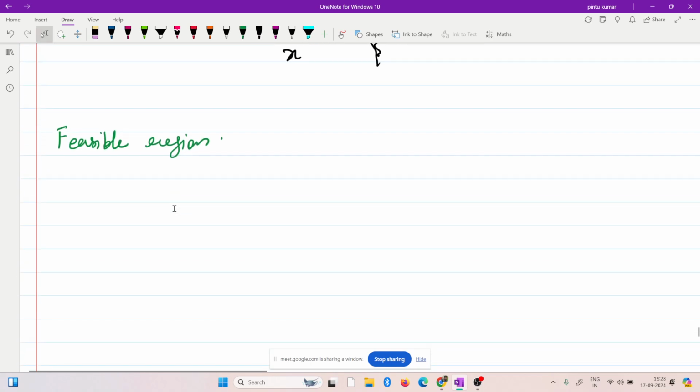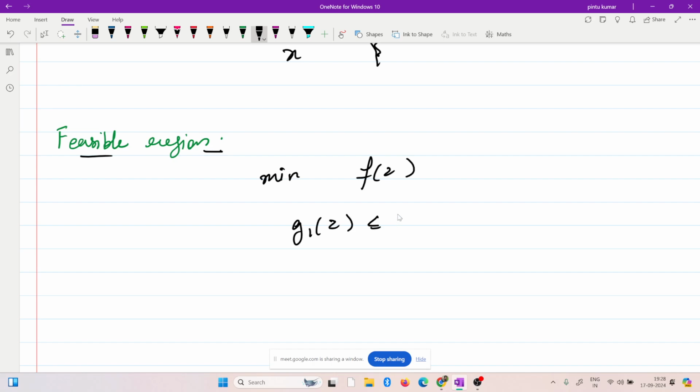Next thing that we look at is something called the feasible region. Till now, let's say I have some objective function and then I have some set of constraints, say g1 of x is less than alpha, g2 of x is greater than or equal to some beta, or something like this. You have a list of constraints and you have an objective function.